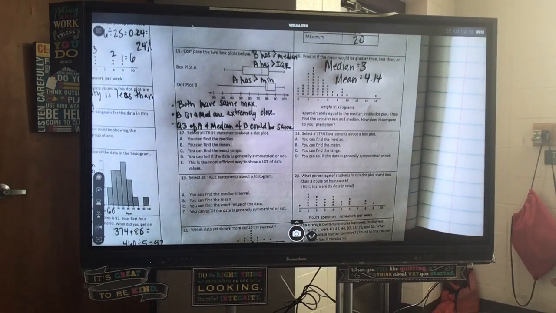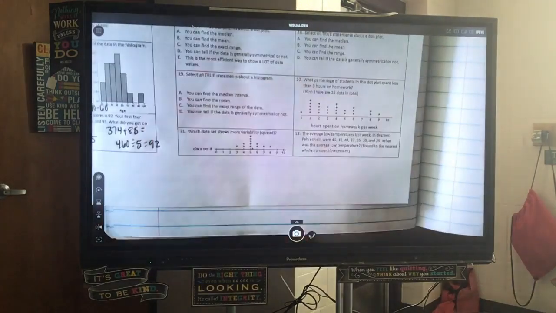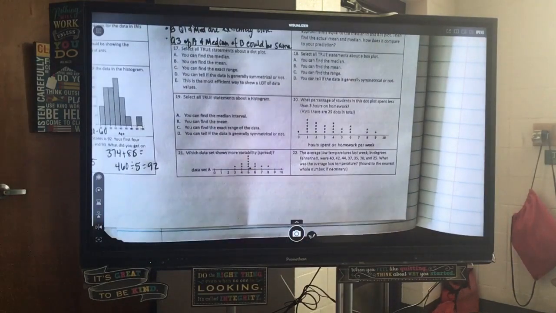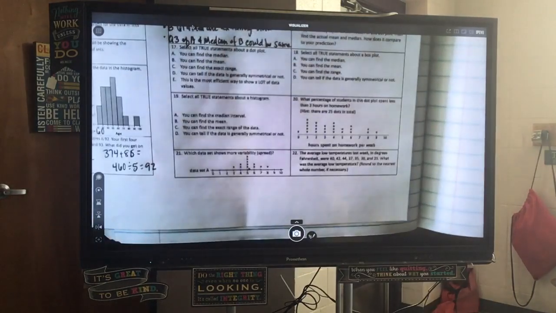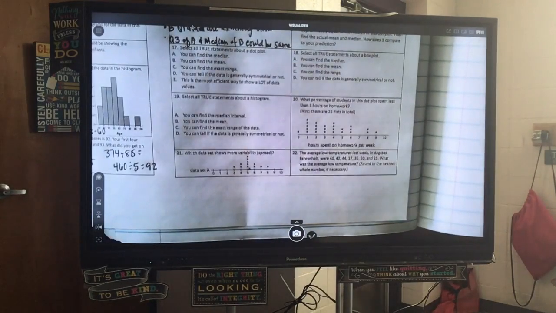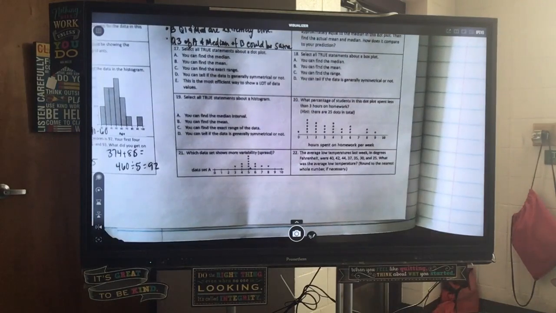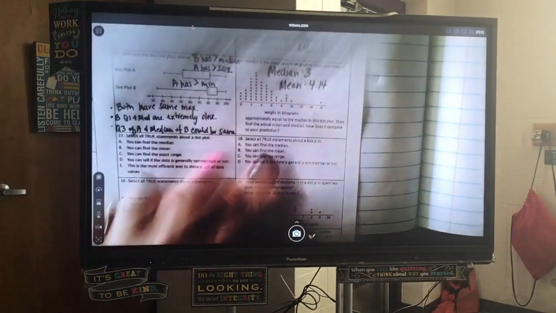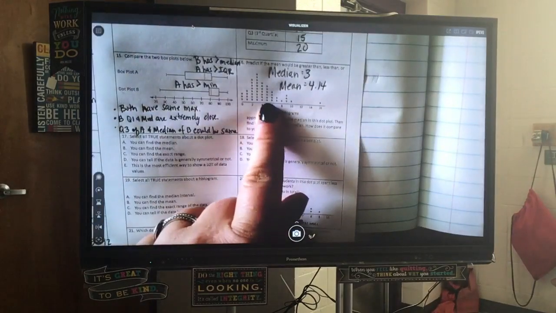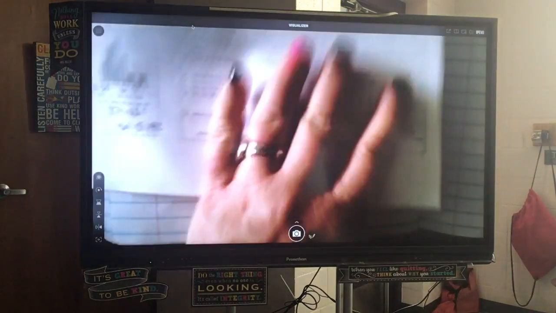Somebody had a question? Okay. Number 17. It says select all true statements about a dot plot. So stand up if you picked A, you can find the median. Everybody should be standing, because a dot plot is this thing right here. So everyone should have that one circled.